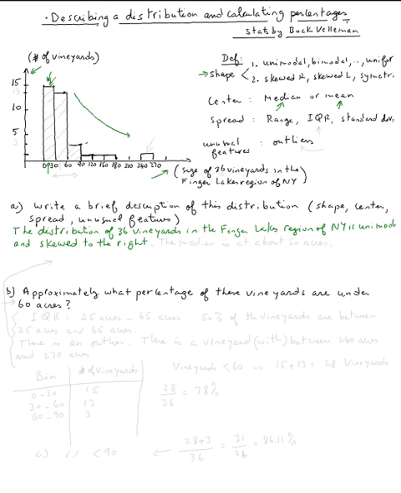If I look at it that way, I would say around 50. It doesn't have to be perfect. So the median is at about 50 acres.